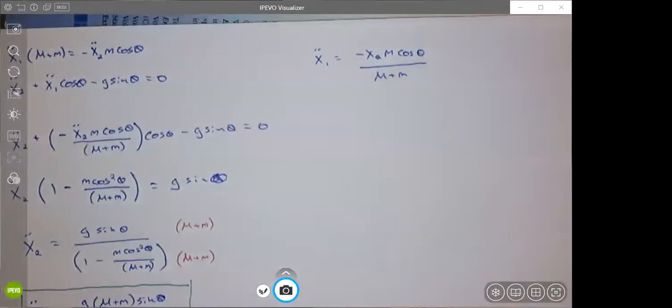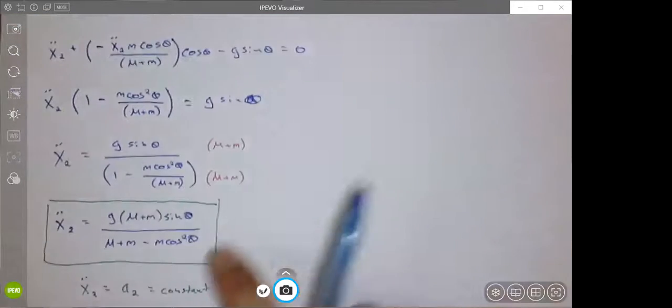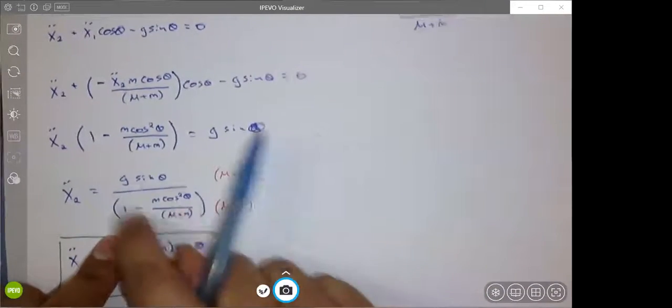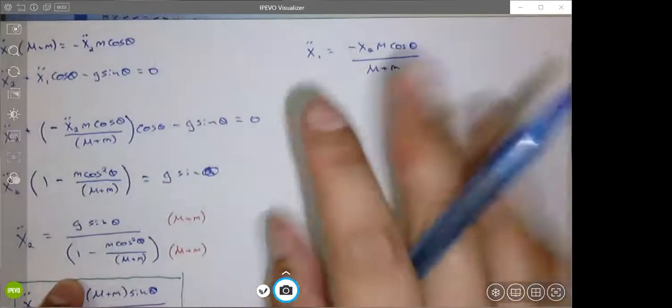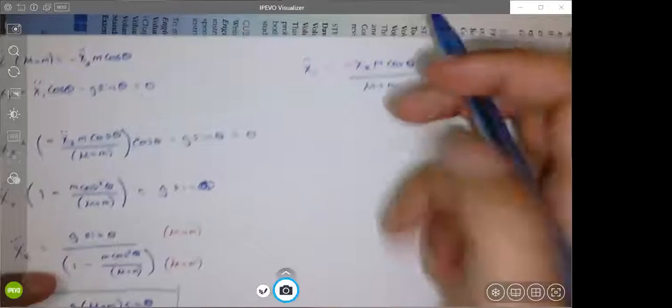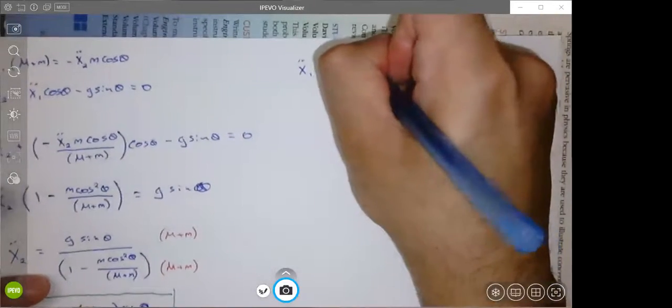All right, we had said that. And so what we're going to do is substitute for x2. So x2 was equal to this value right here. I'm going to do it using this instead of this one right here because it's just easier to work with. Oh, and this should be x2 double dot, right?